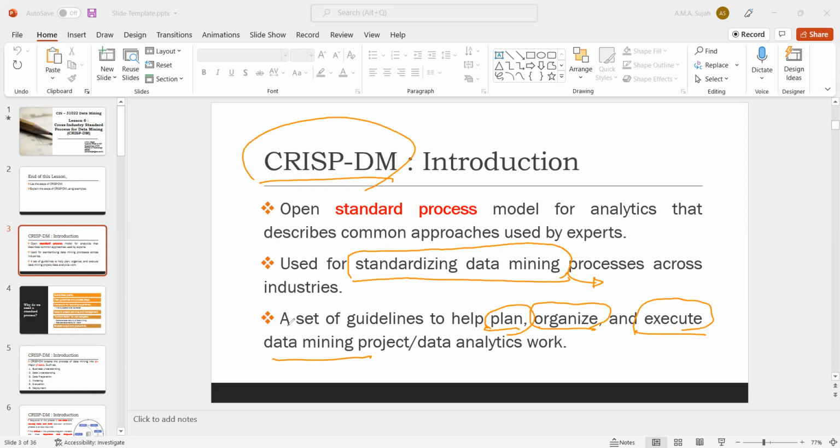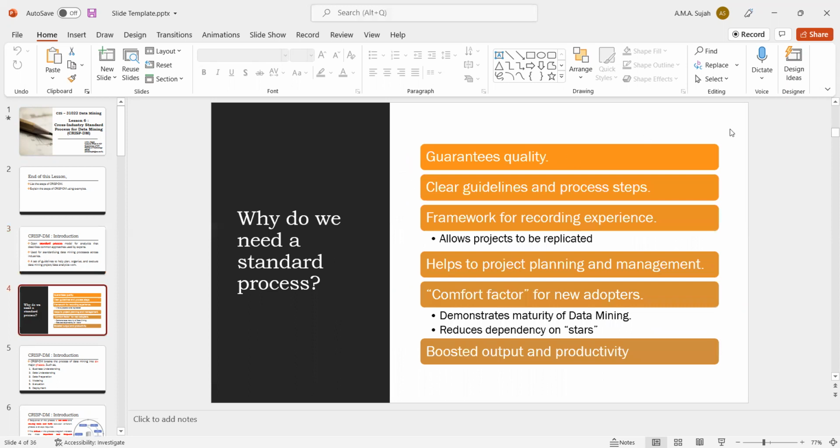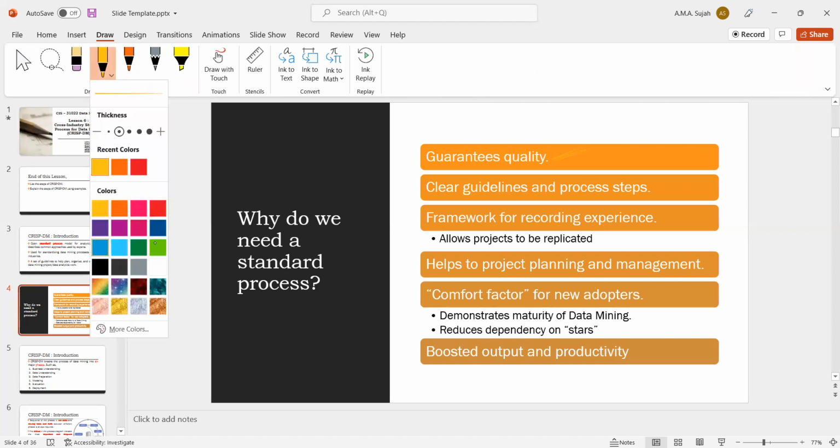These are some benefits we can get. This is what I ask you: why do we need a standard process? Definitely we can guarantee the quality. Am I correct? Yes, sir.